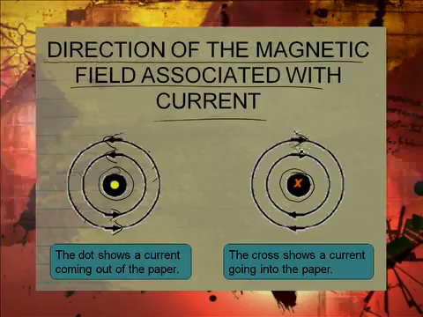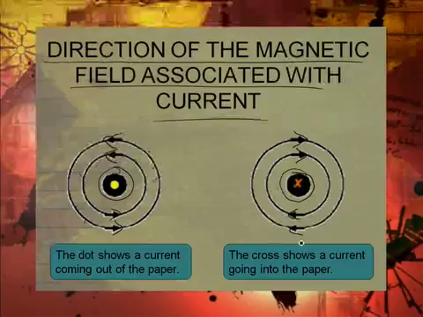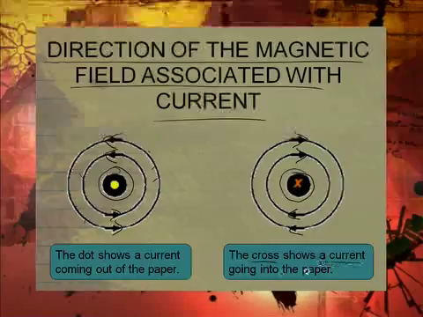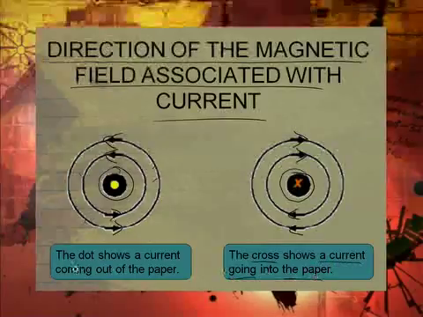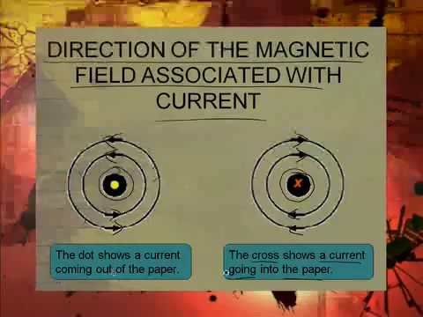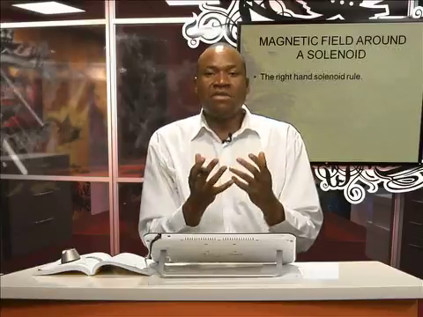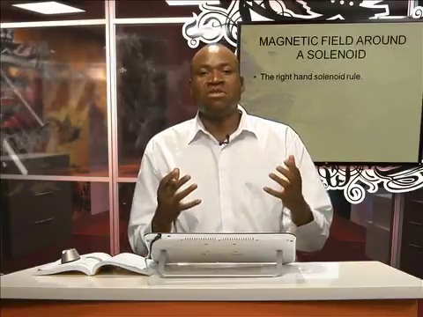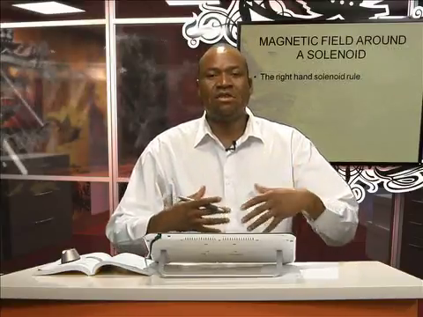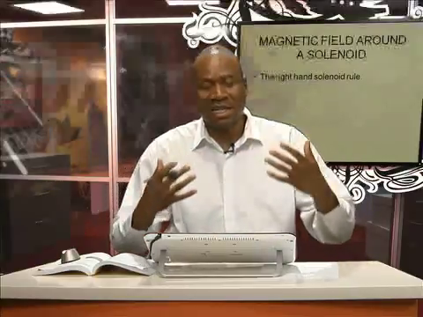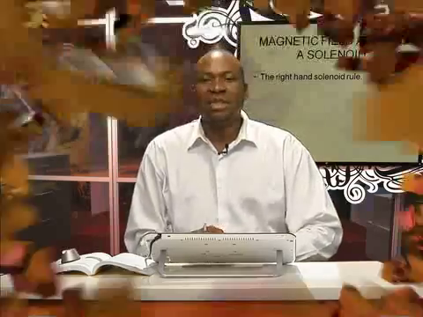So hence I have that drawing in that way, showing the direction of the magnetic field. So the cross shows a current going into the paper, and the dot shows current coming out of the paper. So that for now gives us an introduction into the electromagnetic fields, or the magnetic field created by a current carrying conductor. See you in the next section.